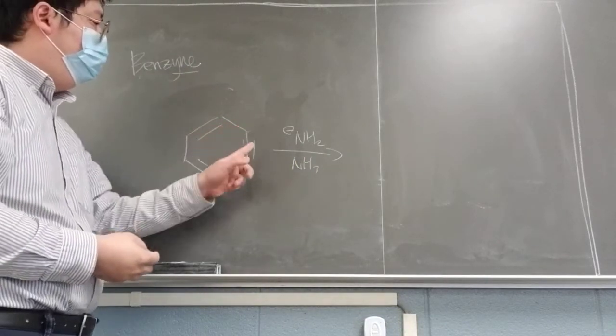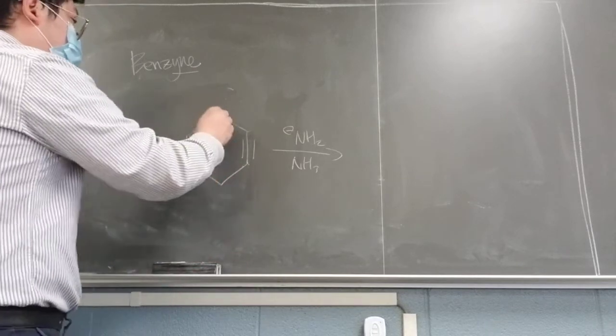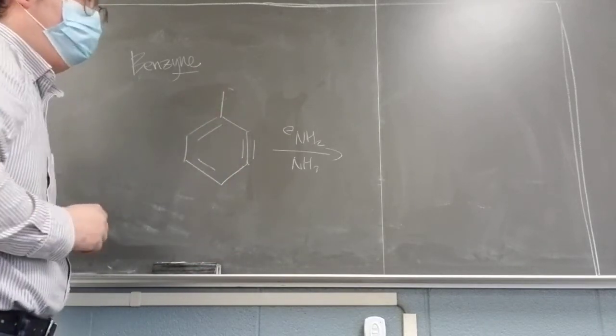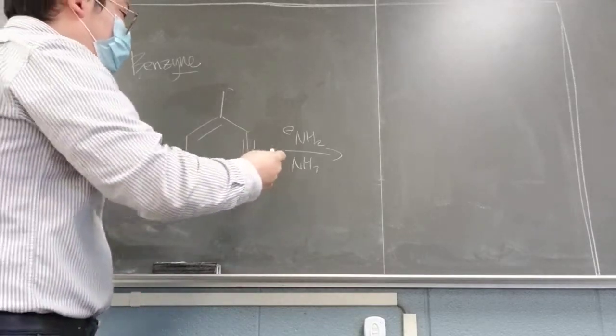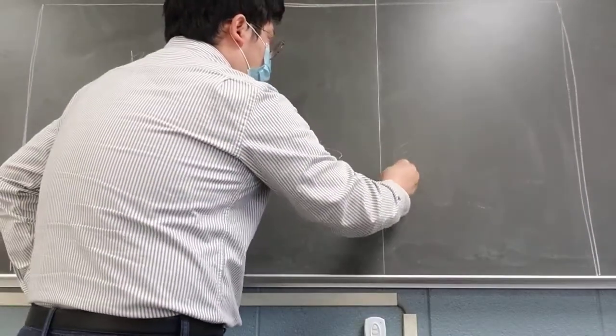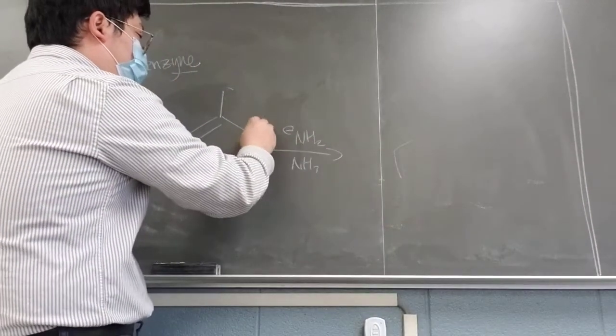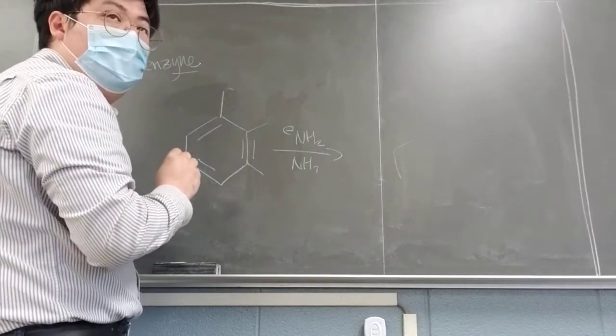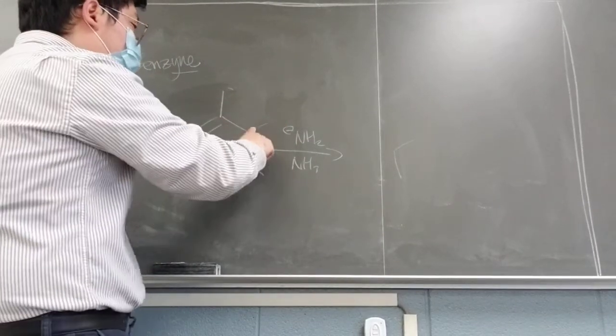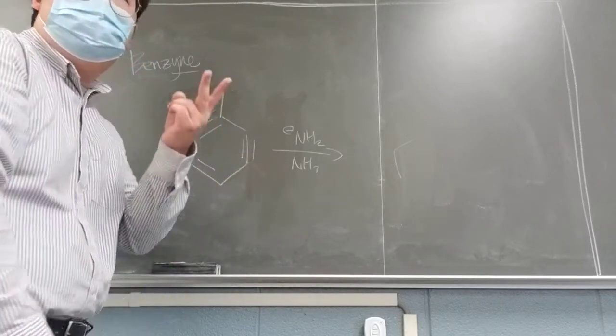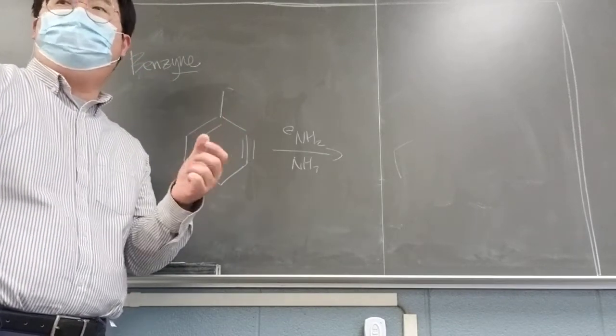Either it bonds to here or here, it will be the same compound. But if it is maybe a toluene base, okay, toluene base, then you're predicting either you're going to have the amino group here or here, 50-50, right? So in that case, there are going to be two products because of that.